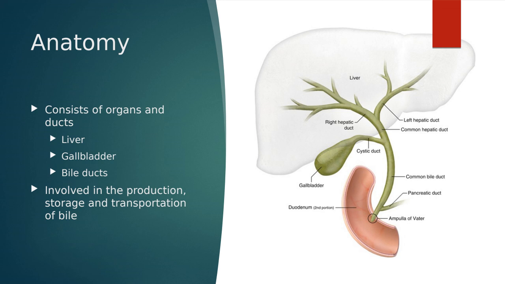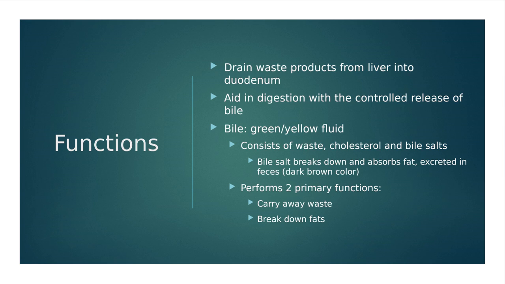So overall, the biliary system is going to be responsible for the production, storage, and transportation of bile. And it's really interesting as we learn more about this system because it has a very close relationship to our digestive system, and a lot of people don't realize that. So as we go through some of our anatomy and physiology here, we're going to touch base with our overall digestion.